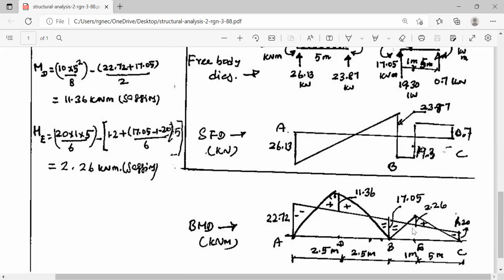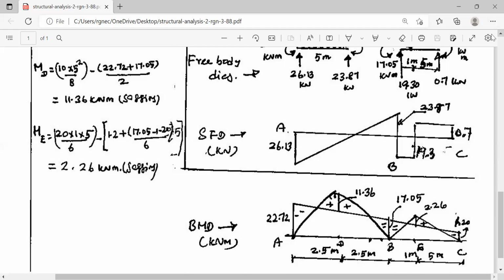Therefore, the fixed moment at E should be 1.2 plus the difference between these two ordinates, taken in proportion. So divided by 6 by 5. And this is the hogging moment, this is the sagging moment, and this is the hogging moment. The sum of these two values is 2.26 kilonewton meter sagging moment.